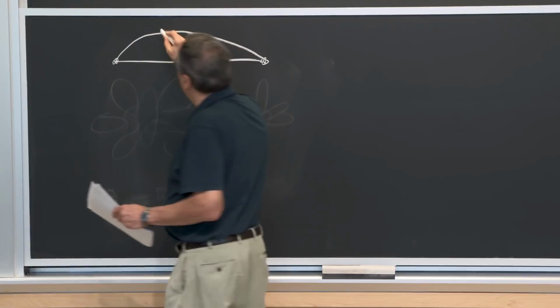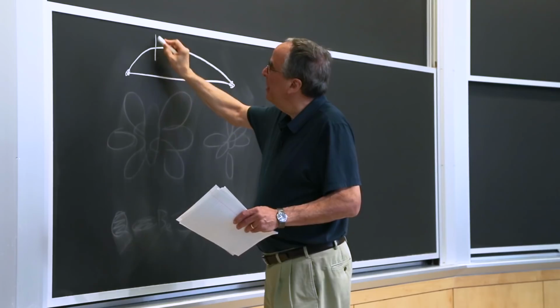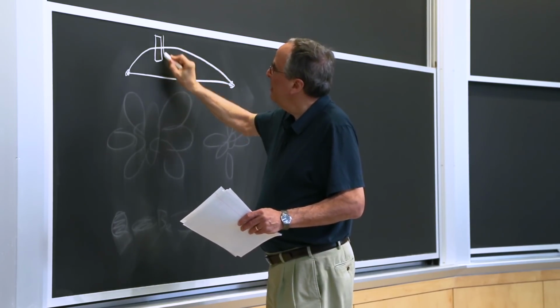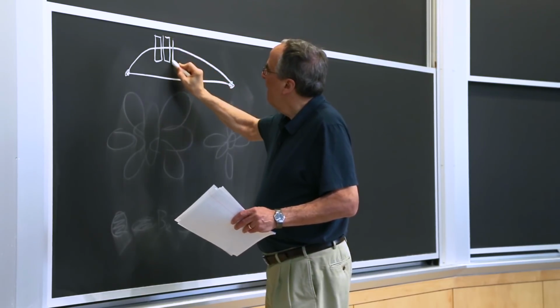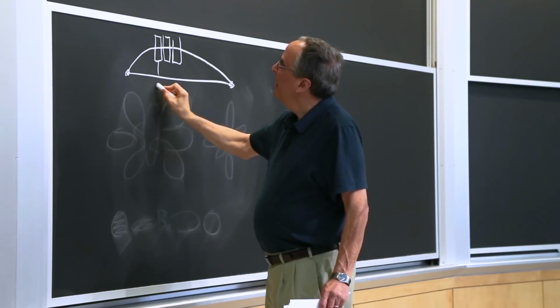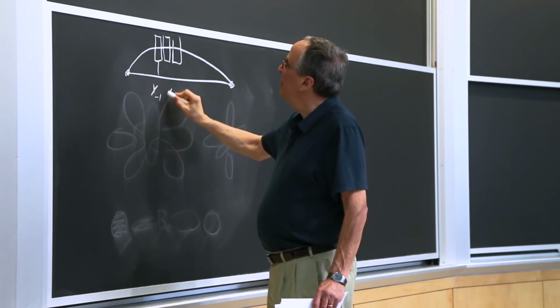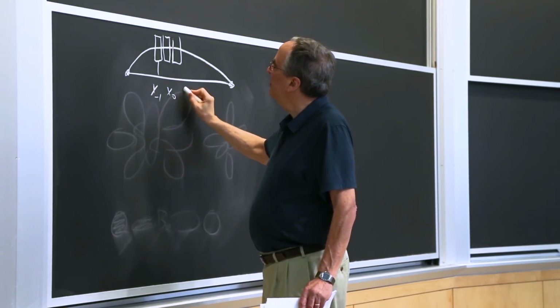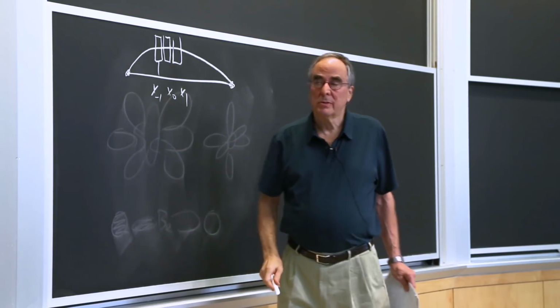And so we chop this region of space up into regions. So this might be the region at x minus 1, and this might be the region of x0, and this might be the region of x1.